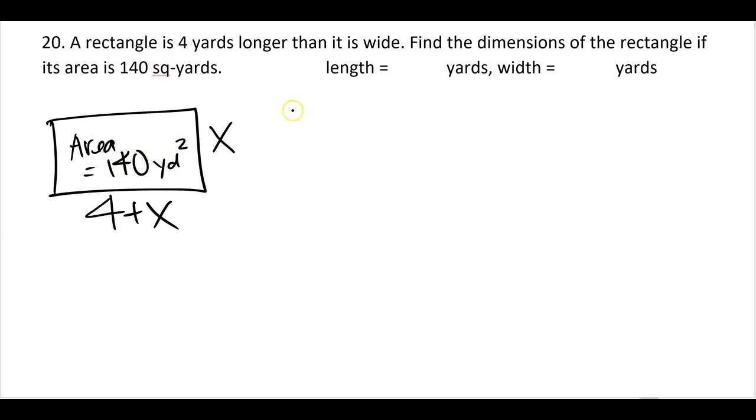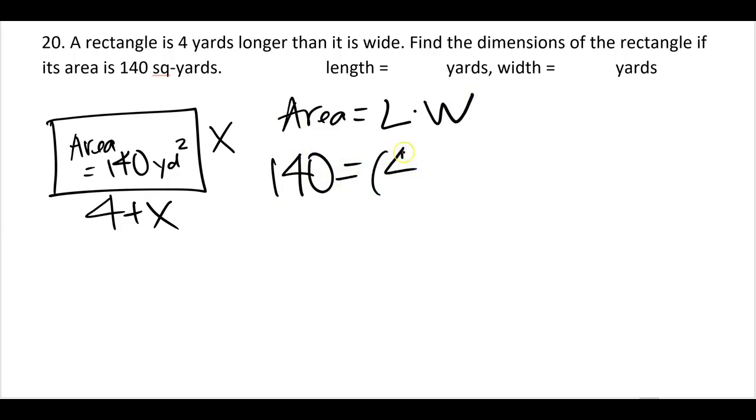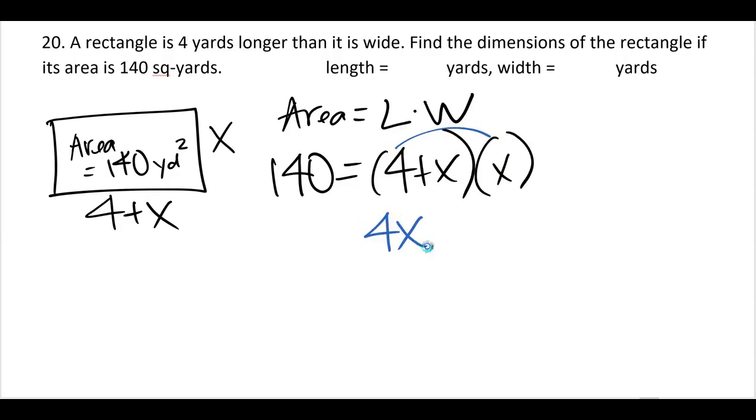So remember that the area of a rectangle is length times width. So for this, we're going to say 140 equals length 4 plus x times x. So now we're going to multiply: 4x plus x squared equals 140.